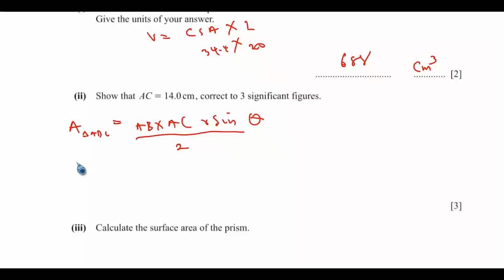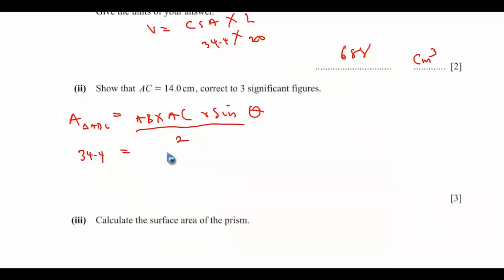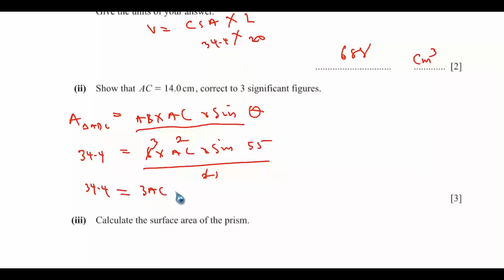So the area is given as 34.4, which equals AB, which is 6, times AC, which is what we're looking for, times sine 55, that's the angle, then over 2. If you do this, 2 in 6 is 3, so we are left with 34.4 equals 3AC times sine 55.